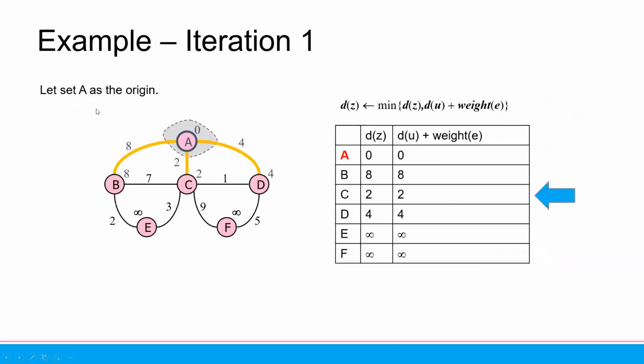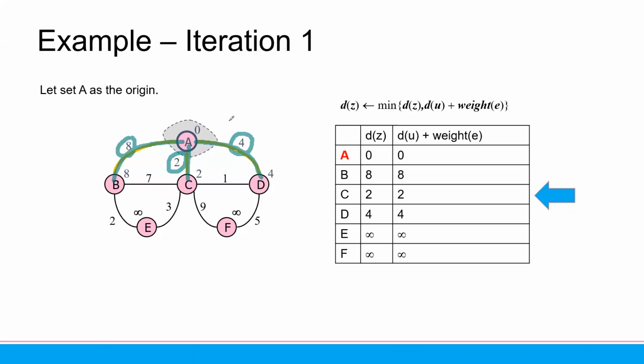Now let's see the whole picture, how the edge relaxation works. We want to start from A, and let's say we have this kind of graph. A to B is 8, A to C is 2, and A to D is 4. This is the weight, or maybe this is the distance, or this is the cost.